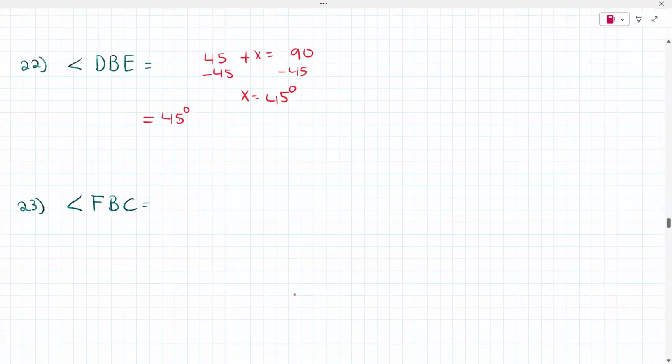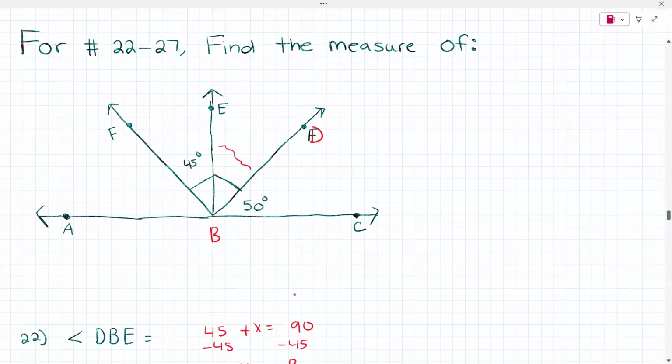23, what is the angle FBC? FBC is this entire angle.